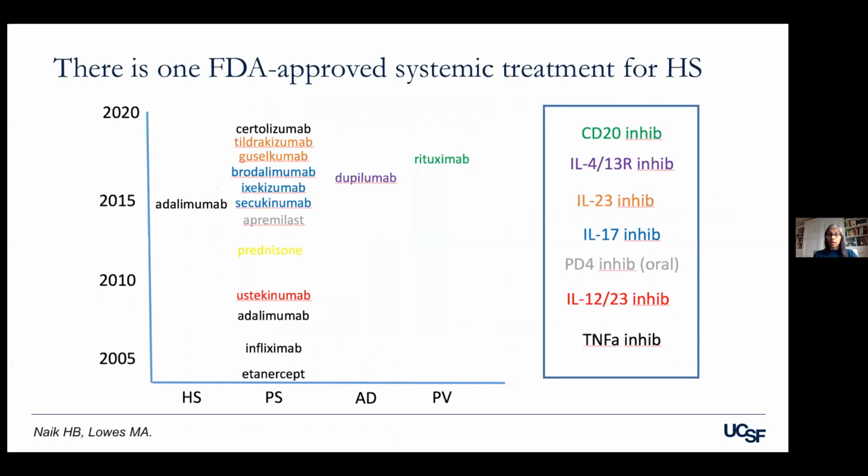And perhaps it's a surprise that there's even one drug available at all, and that drug is adalimumab. And to be frank, that drug, although it is better than anything else that we've had to date, it's still not as effective as we'd like it to be for patients. And these data really clearly highlight that HS is a neglected disease, and that neglect is acutely felt by the people who are affected by it.